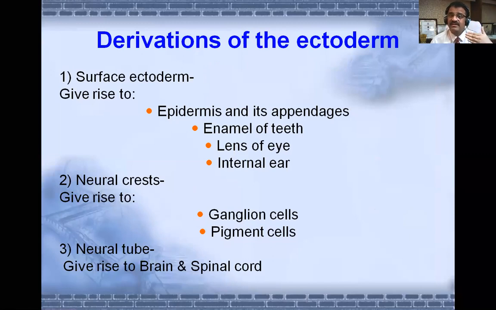After enamel, remaining cementum is not from ectoderm. Lens of eye is from ectoderm. And internal ear is from ectoderm, and middle ear is not from ectoderm, and outer ear, external ear. Now neural crest will give rise to ganglion cells of the nervous system and pigment cells of the nervous system. And neural tube will give rise to the brain and spinal cord. So this is the details of ectoderm.